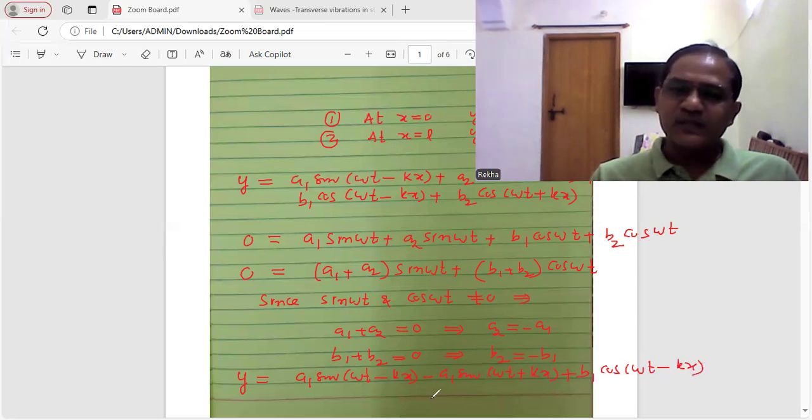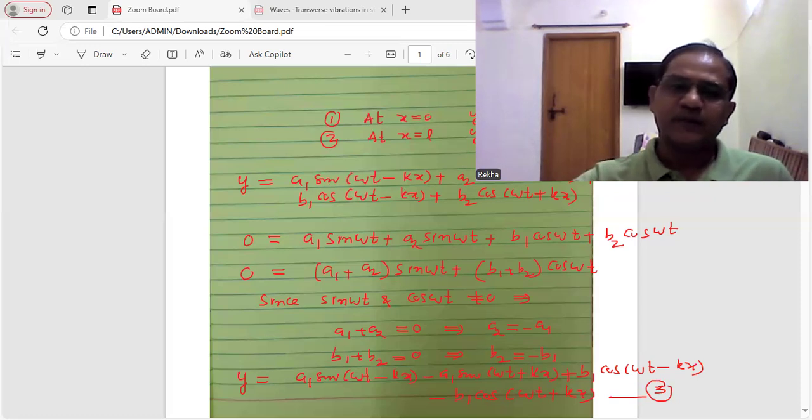B2 equal to minus B1, substituting that, minus B1 cos(ωt + kx). This is equation 3.